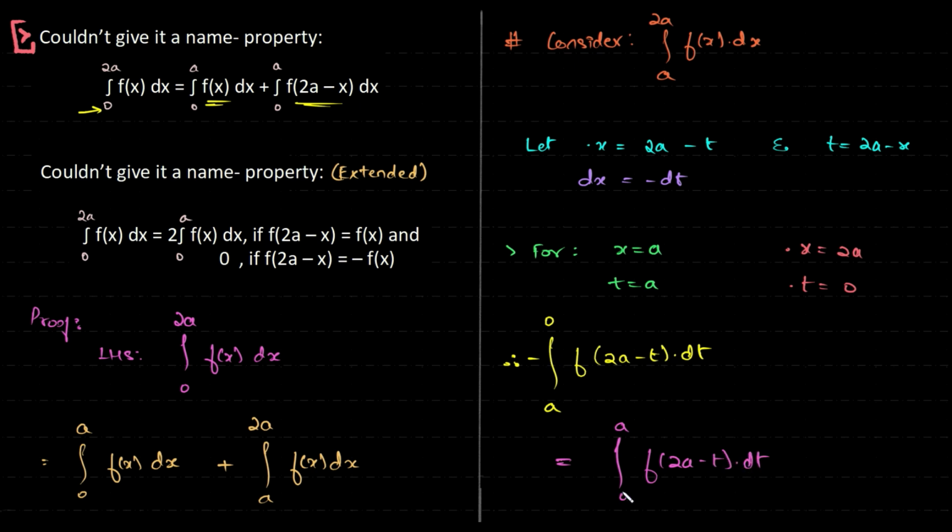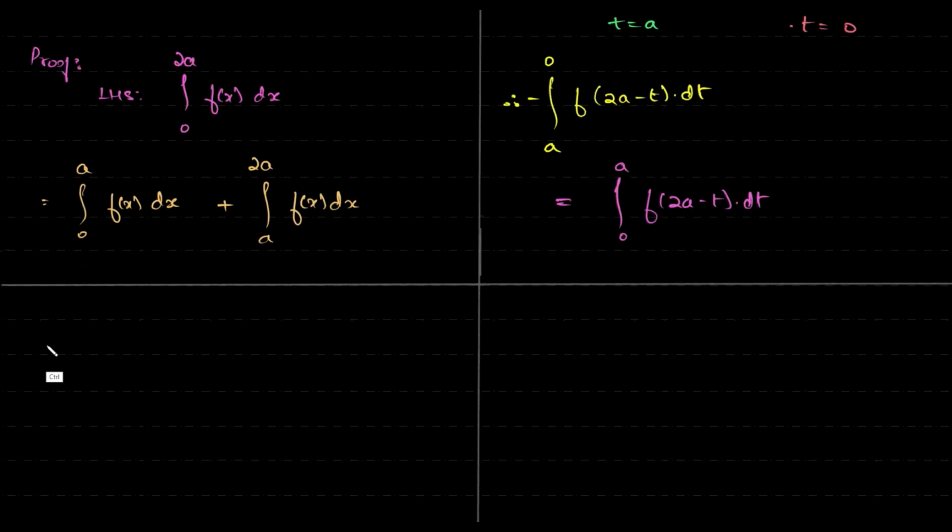The minus will flip the limits across and we have it from 0 to a. Agree? If I substitute it over here, we are done. So LHS is equal to 0 to a f of x dx plus 0 to a f of 2a.